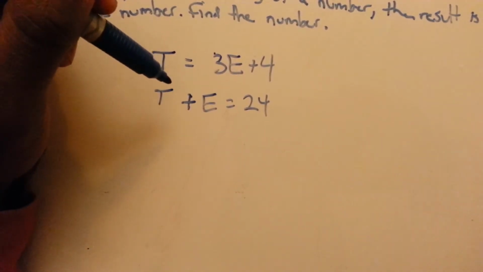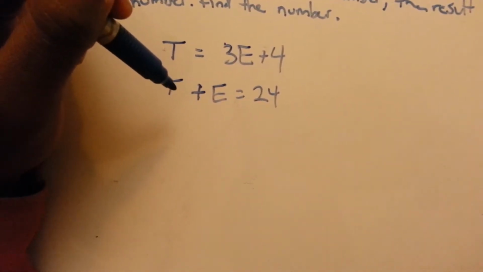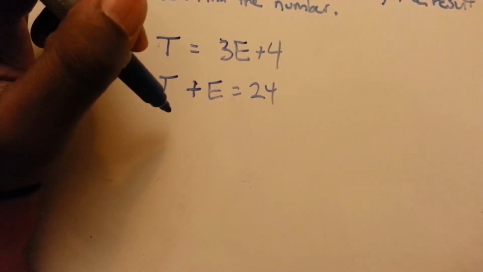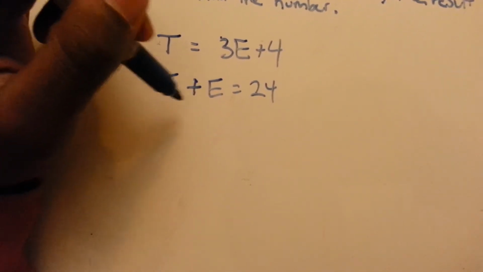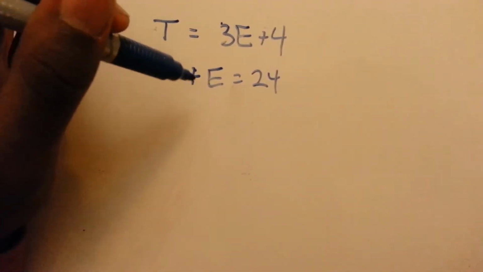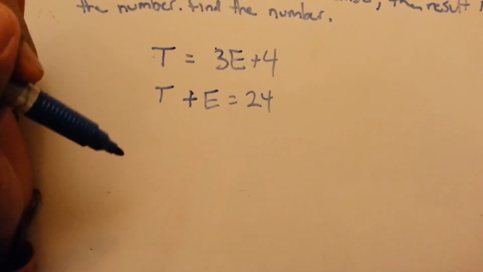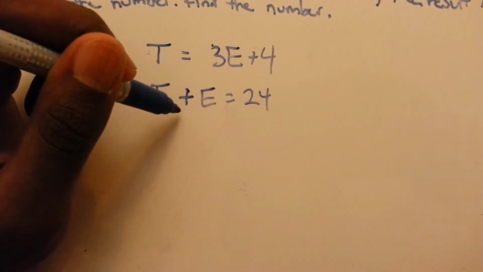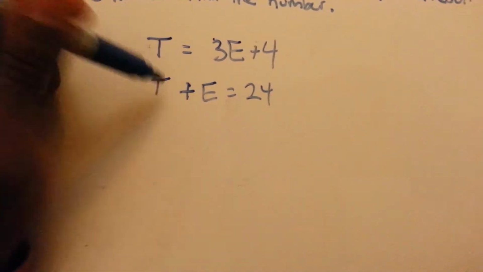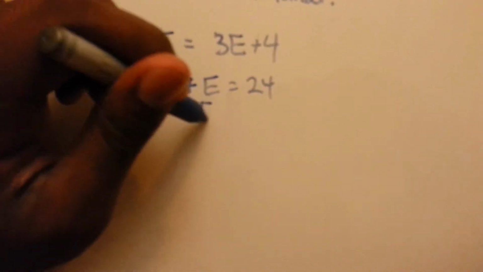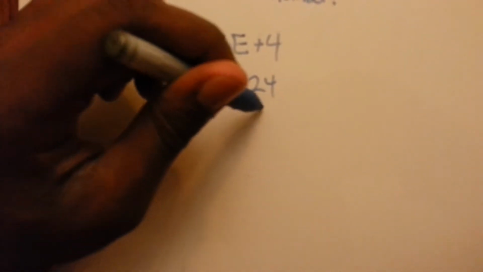So what I'm going to do is solve for one of these and use substitution, and then set them equal to each other so I can figure out what one of the variables is, and that way I can get an answer. So I'm just going to solve for Tom. Those are t, so I'm just going to subtract e from both sides.